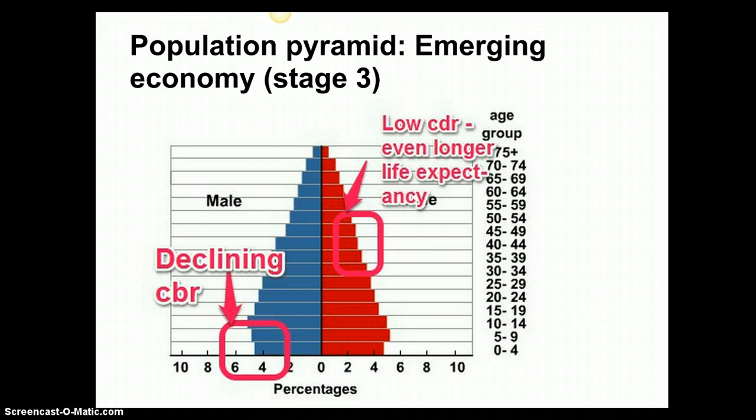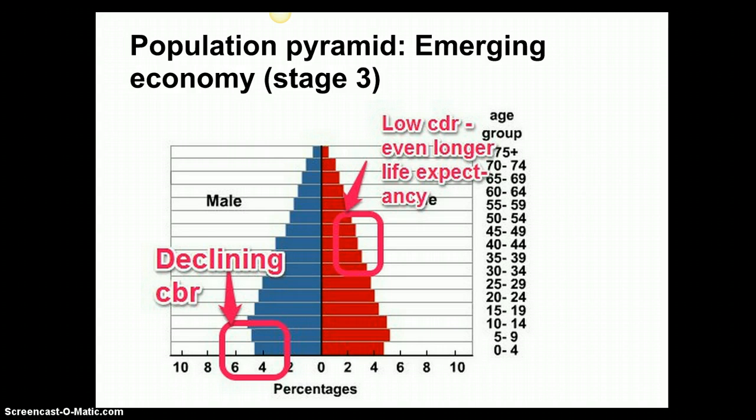So a birth rate that is going down, as you can see the base is getting more and more narrow. You also have a lower crude death rate. People do not die to the same extent and they live longer, which means that you have even more focus on health, on schooling, on family planning programs, and a better focus on women.